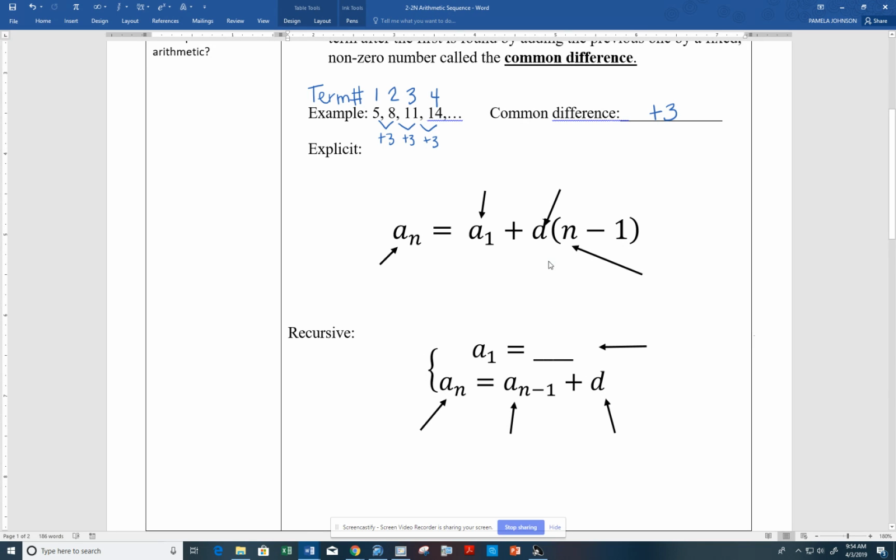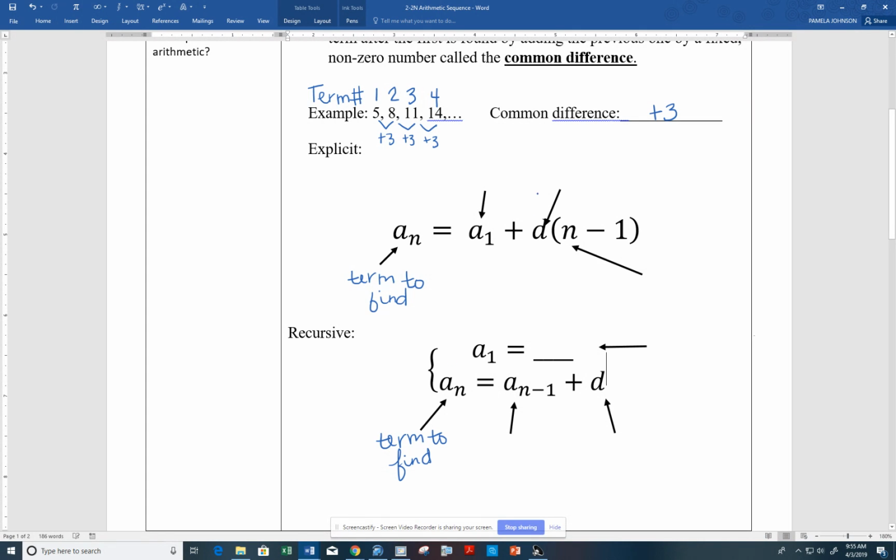They're just put in different places in the two formulas. a sub n is always the term defined. So what term are you looking for? If you're looking for the 8th term, then it would be a sub 8. That's the same thing in both the recursive and the explicit formula.